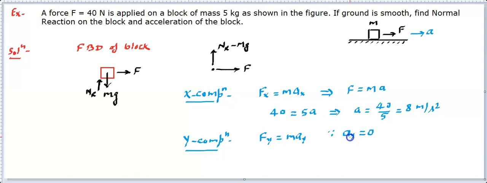So since the acceleration came out to be 0, the force in the y direction is going to be 0, which you can also say in the sense that it is in equilibrium in the y direction. So this block is in equilibrium along the y direction but not in equilibrium along the x direction, because in the x direction it is carrying acceleration. Now you have got to know what the total force in the y direction is.